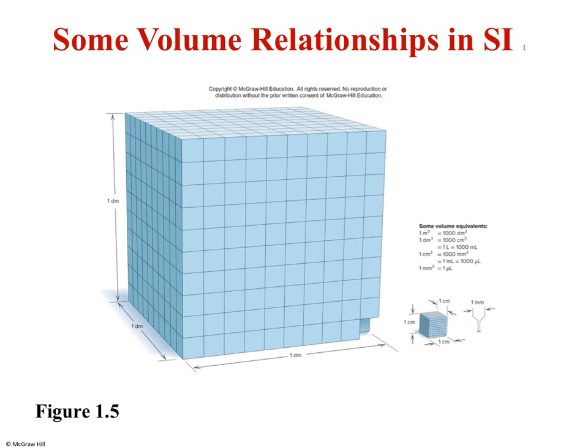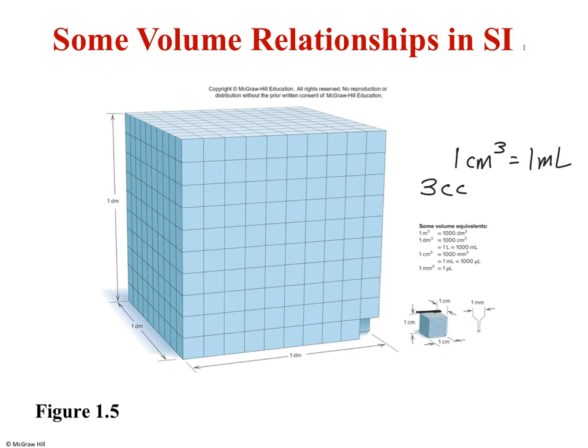Volume is 3 dimensions, so have you ever seen like 1 centimeter cubed equals 1 milliliter? You might want to write that down and know that, because say you have a baby and the doctor tells you you need to give them 3 cc's.